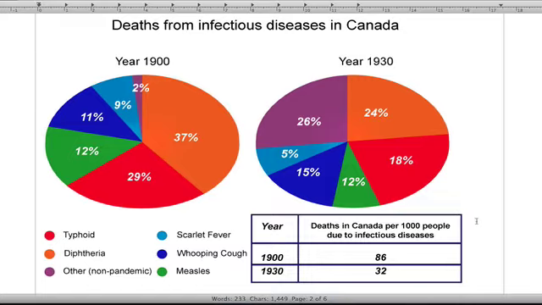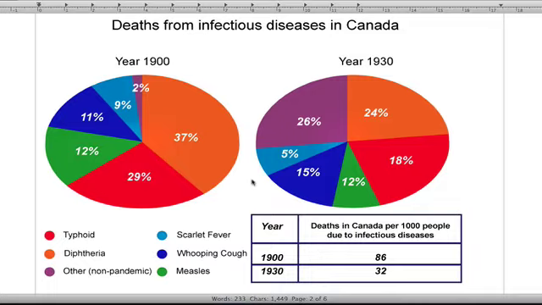It appears that the trend present between the pie charts shows a decreased share of overall infectious disease deaths among several of the diseases, except for, I guess, other non-pandemic, measles and whooping cough.